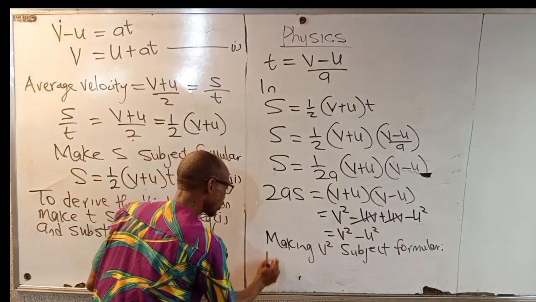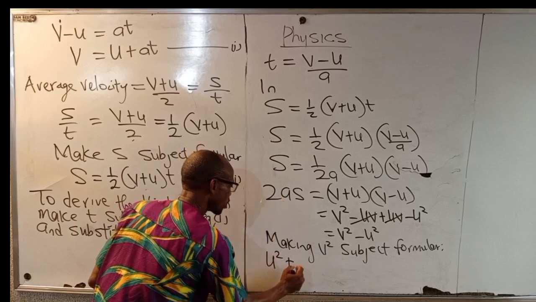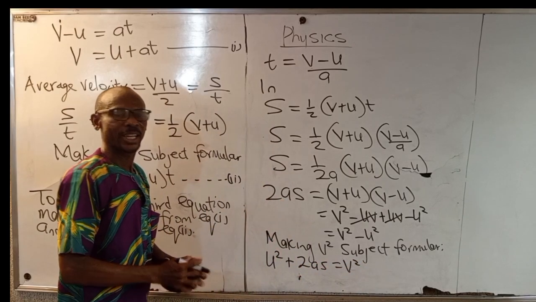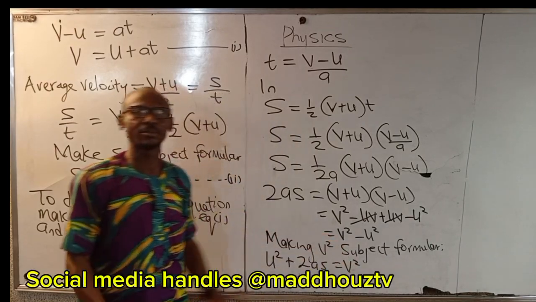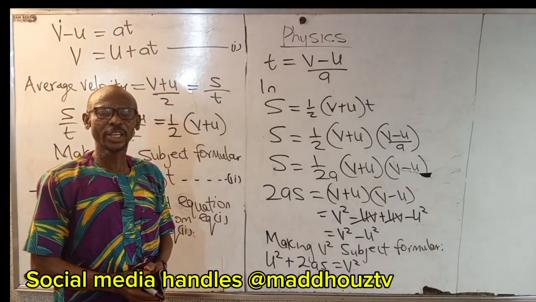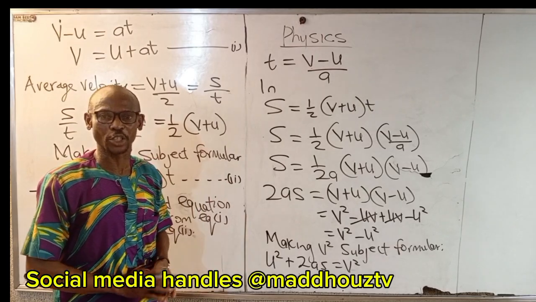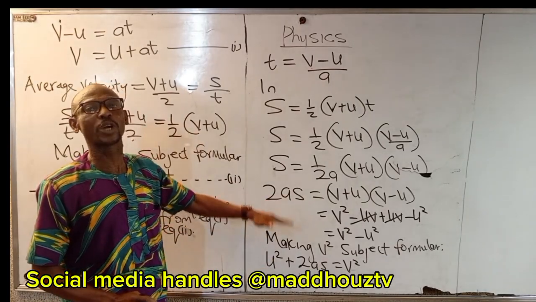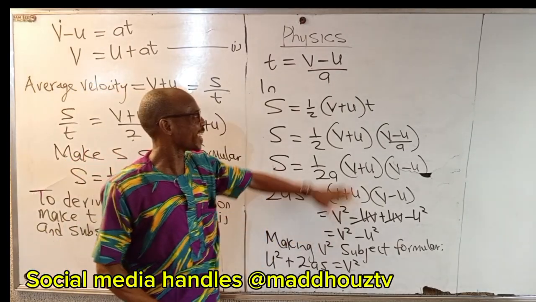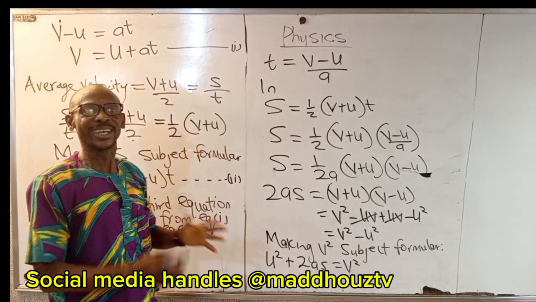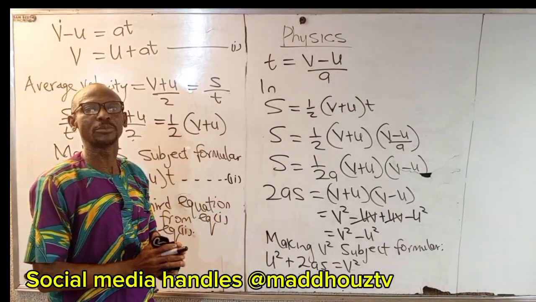So we now have u squared plus 2ax is equal to v squared. This gives us the third equation. A similar thing is done to get the fourth equation.